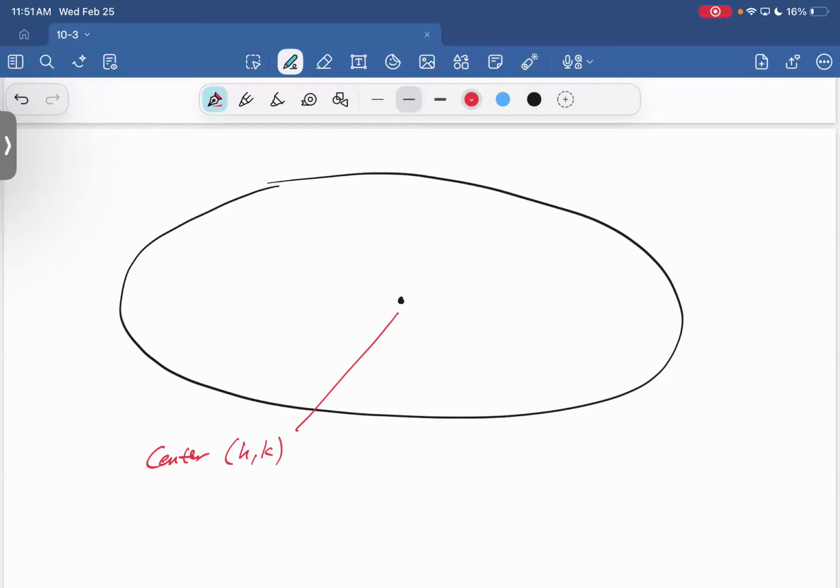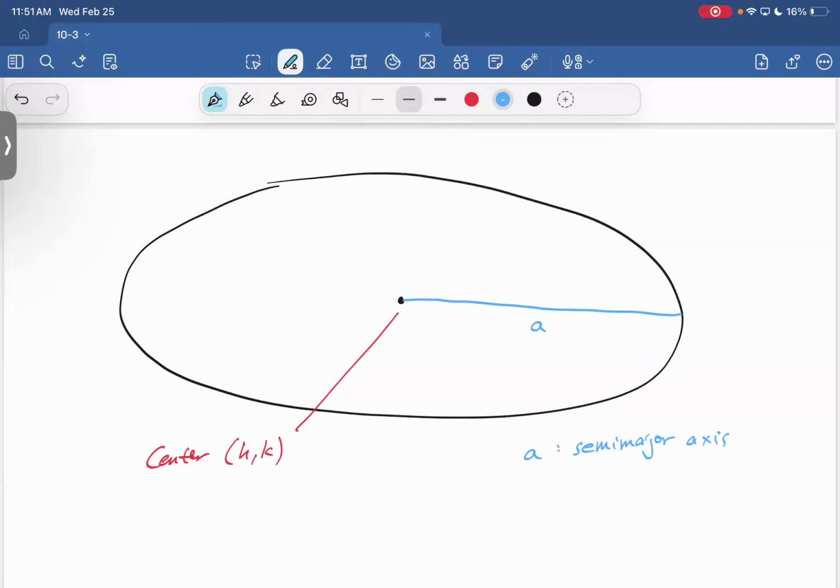We're also going to have our semi-major axis. Did you guys learn that in Algebra 2? Yes, you did. a is the semi-major axis. It's called semi-major because it's half of the major axis.